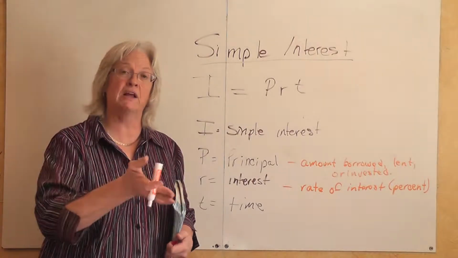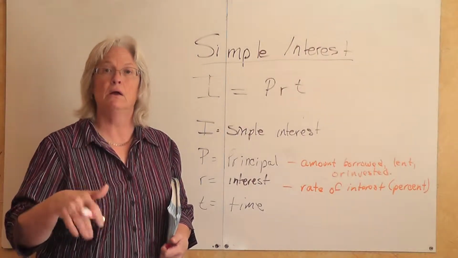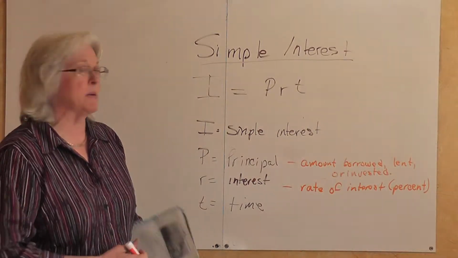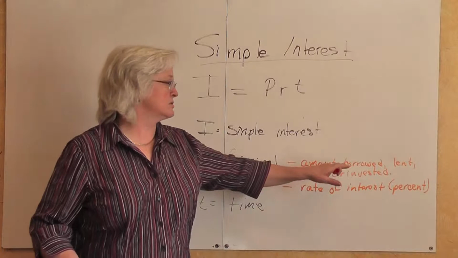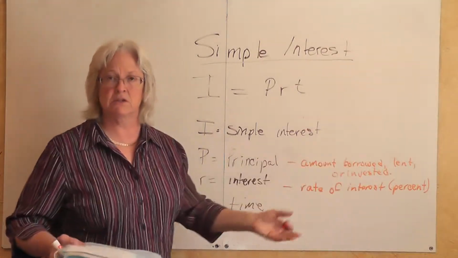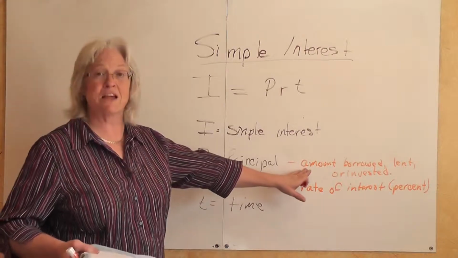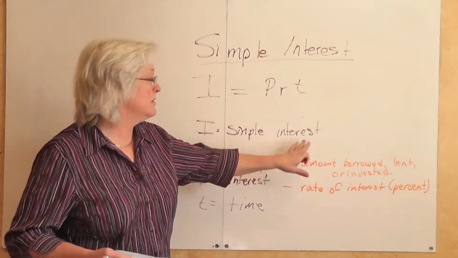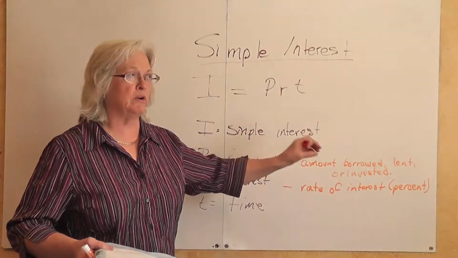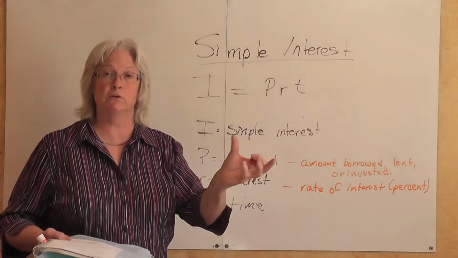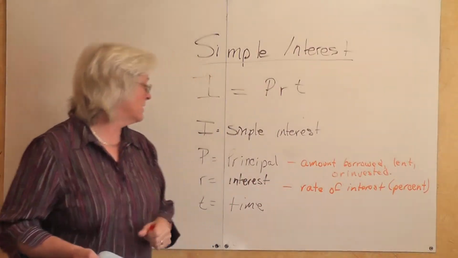If you look around the world today, we're not getting interest rates anywhere near that high, but the rate of interest is always a percent, and this applies to the amount of money that you borrowed, that you've lent, or that you've invested. Invested is another way of saying that you've saved that money, you've set it aside, maybe just in a savings account, or you've invested it where you've said to someone else, okay, I'm going to give you this money for you to use to create something of value.